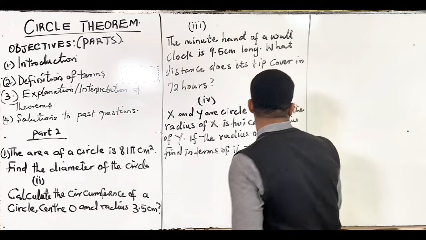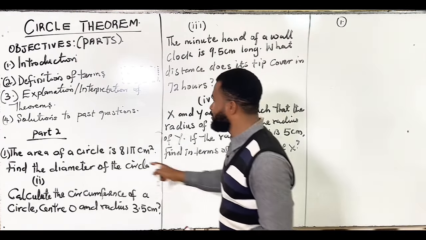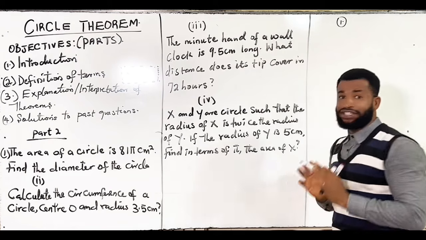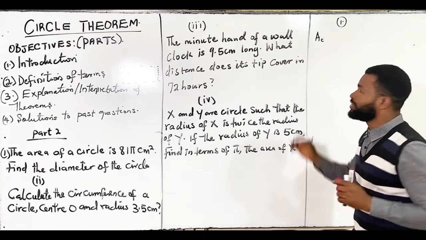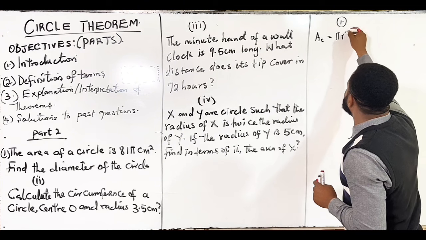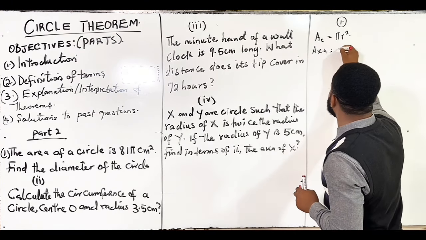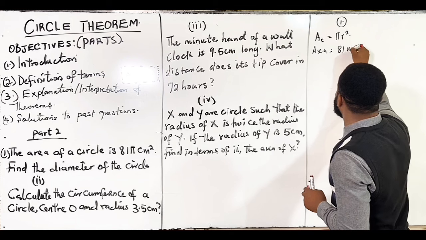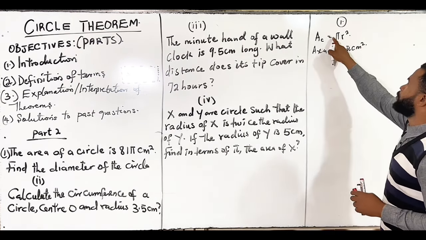In this one, I'm going to be solving them here. So let's go to number 1. The area of a circle. Whenever you see the area of a circle, let me say the area, A sub C, is given as pi r squared. But the area of the circle is already given as 81 pi cm squared. Therefore, this must be equal to this.